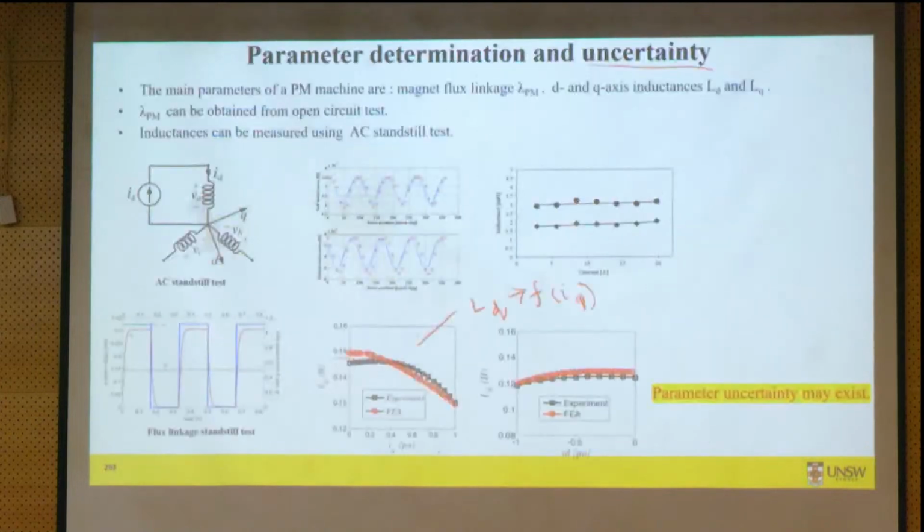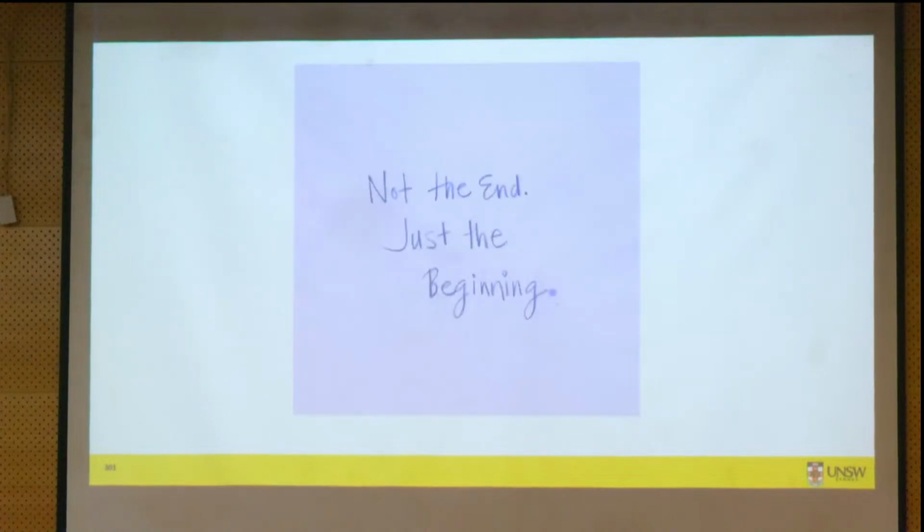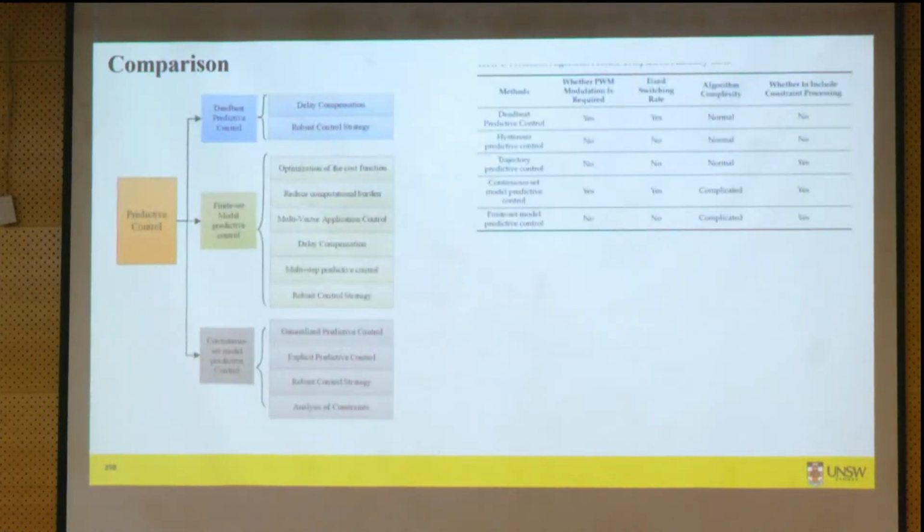So my last comment is actually, for model predictive control, you can see there are many different types. I will probably provide you with this reference. It's a very nice reference coming out recently. So predictive control can be classified into these three different categories.